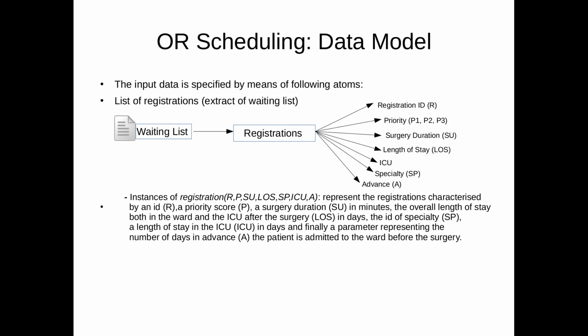So, as I said, in the waiting list, we have thousands and thousands of patients. We take a subset of registrations from that waiting list, and those registrations consist not of just one patient but of a list of patients. So this registration is basically like a table. By the way, in the Italian health system, they only plan for 5 days.